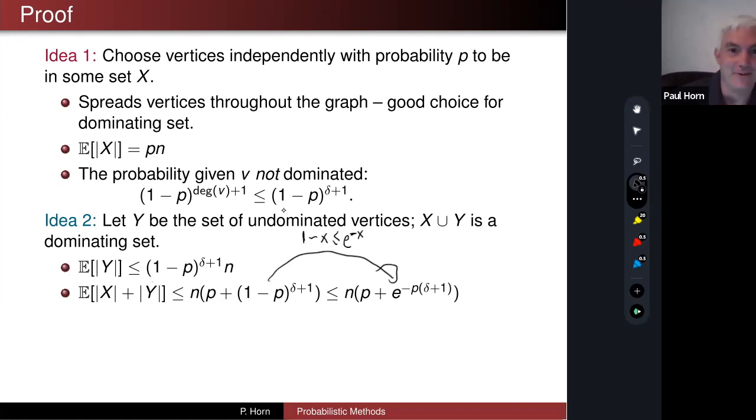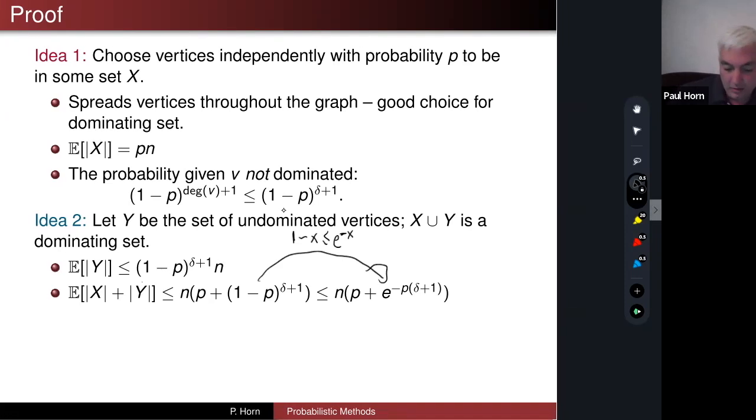You can check it after class, right? It's a quick calculus problem to check. And this is a good approximation if x is small. It's a worse approximation as x gets bigger. But I have used this here.